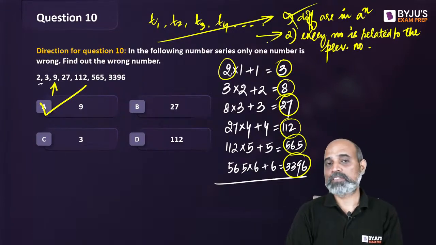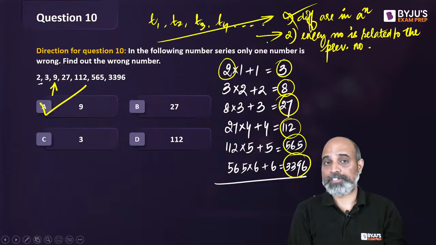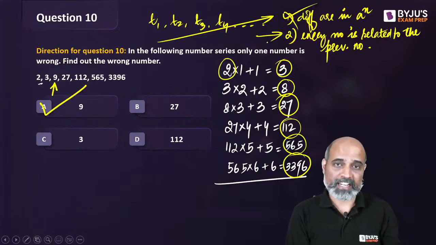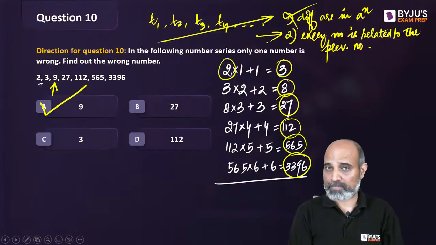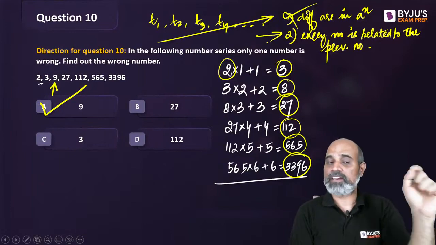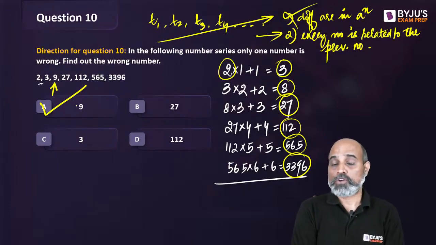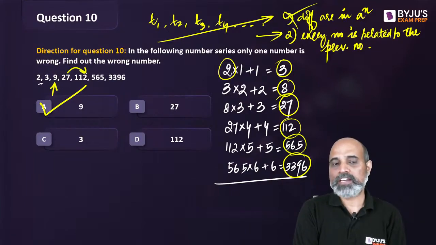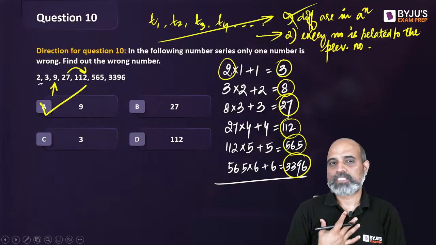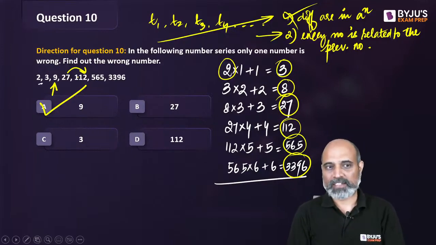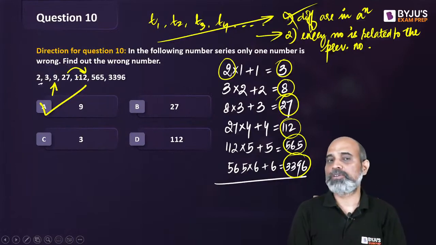So now the only option left is to relate 3 with 2. In the same way, try to relate 9 with 3, relate 27 with 9, relate 112 with 27. While I was relating in my mind, I realized 27 to 112 is a calculation I can do. We can read the table of 27, but the table of 112 is not easy, right? So I tried to find the relation between them.